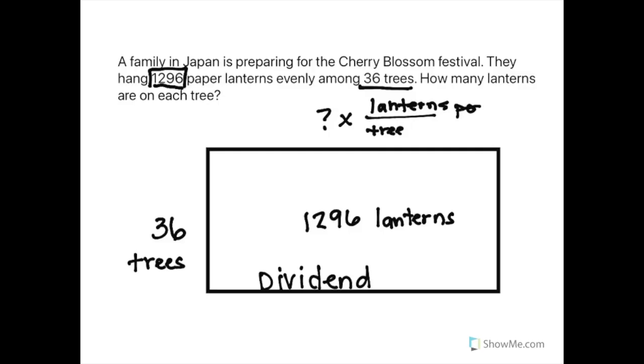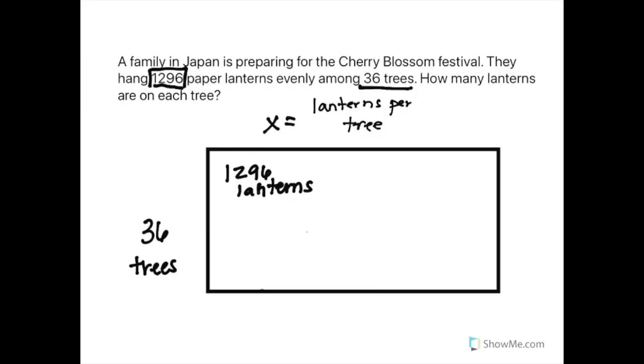So I am going to set this up as an area model problem. And what we need to do is use multiplication and estimation to figure out our answer. Okay, so what I need to look at is 36. Well, I know 36 times 10 is going to get me 360. Well, that isn't even close to this number right here.